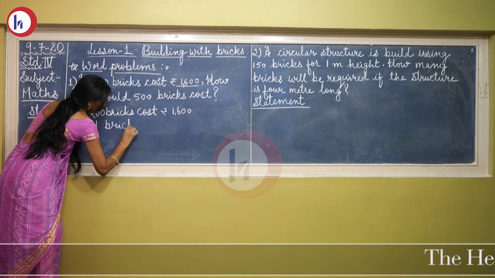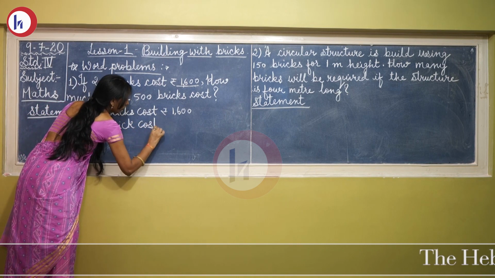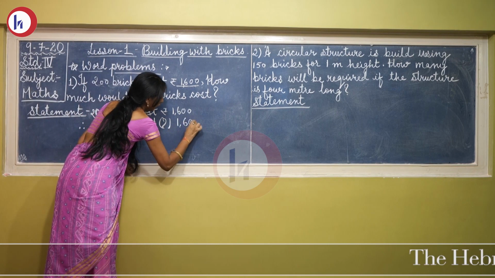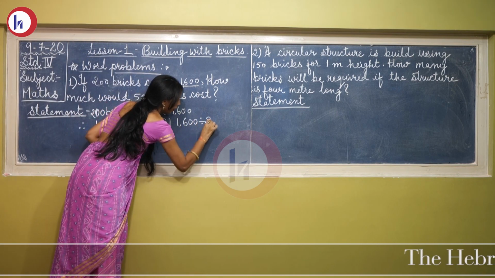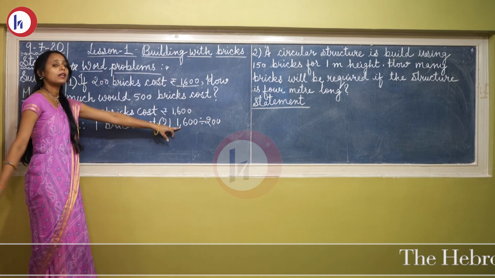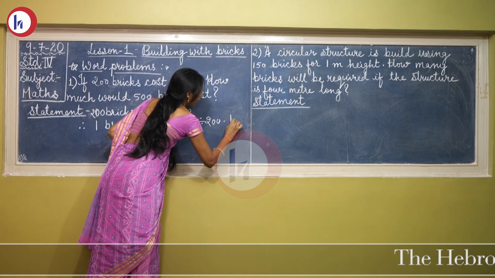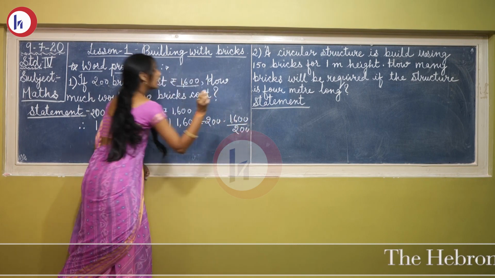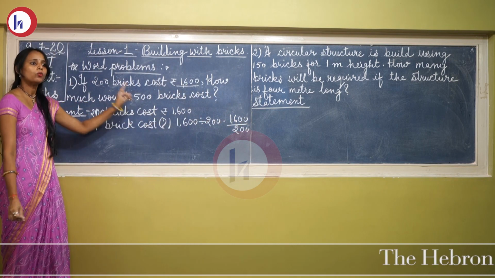One brick costs how much? So 1600 divided by 200. Now we will write this sum as 1600 by 200. In this way we can find out one brick's cost.